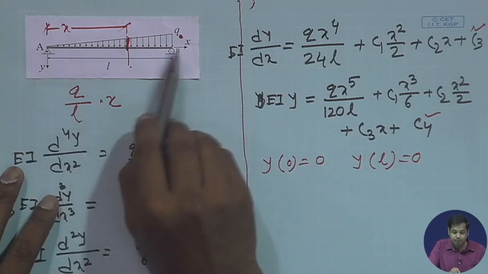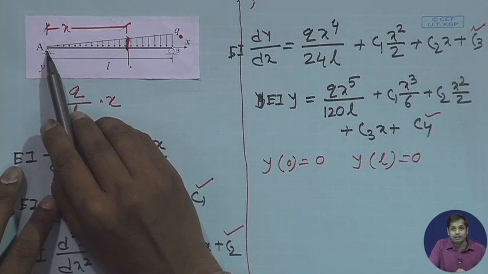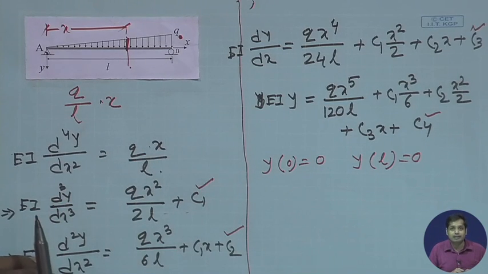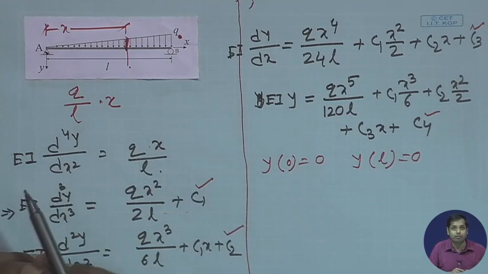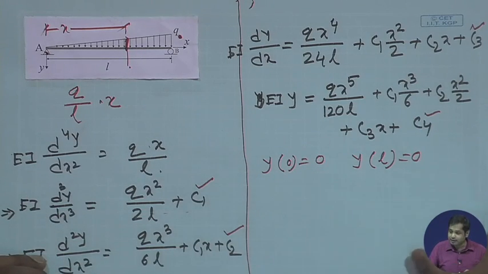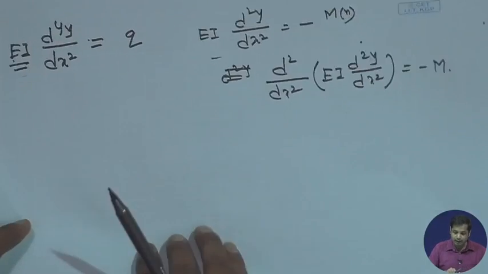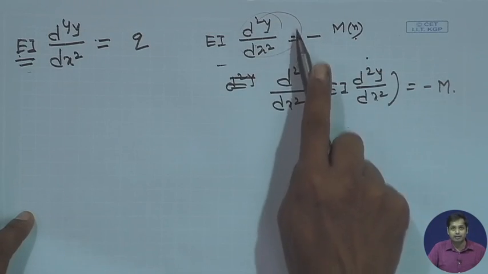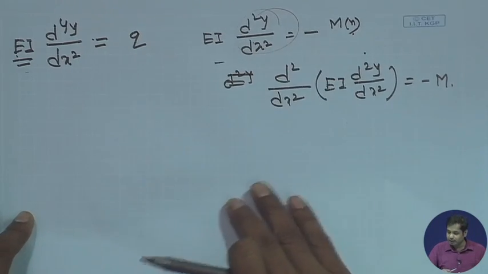You see, these are simply supported, these are hinges. The pin support and the roller support do not have any constraint against rotation. So, the moment at this point and this point will be 0. Now, if the moment is 0 at any point, then the curvature has to be 0, right. So, d2y/dx2 has to be 0.